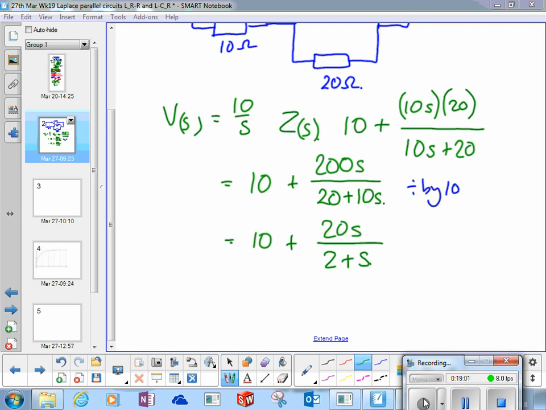Now, here, it's a good idea to give both of these the same denominator, so turn it into a fraction.